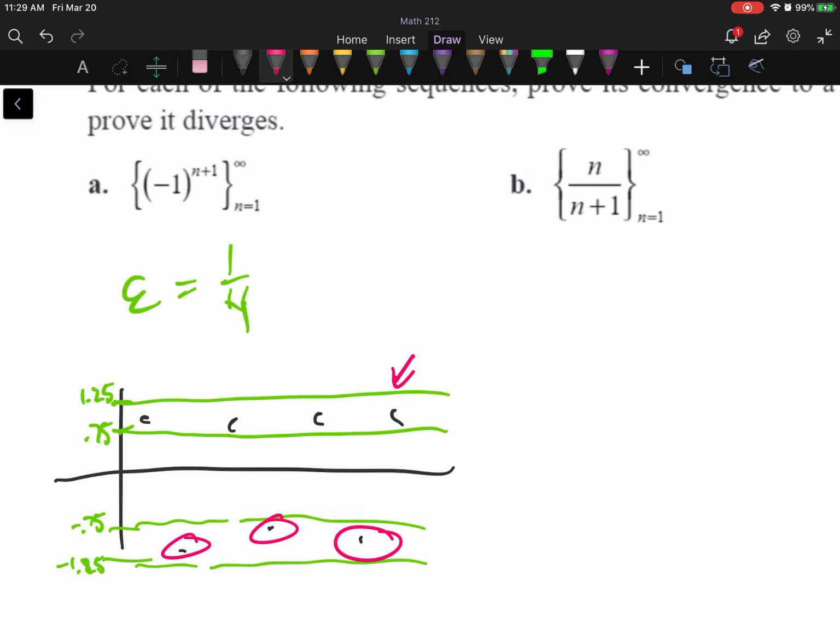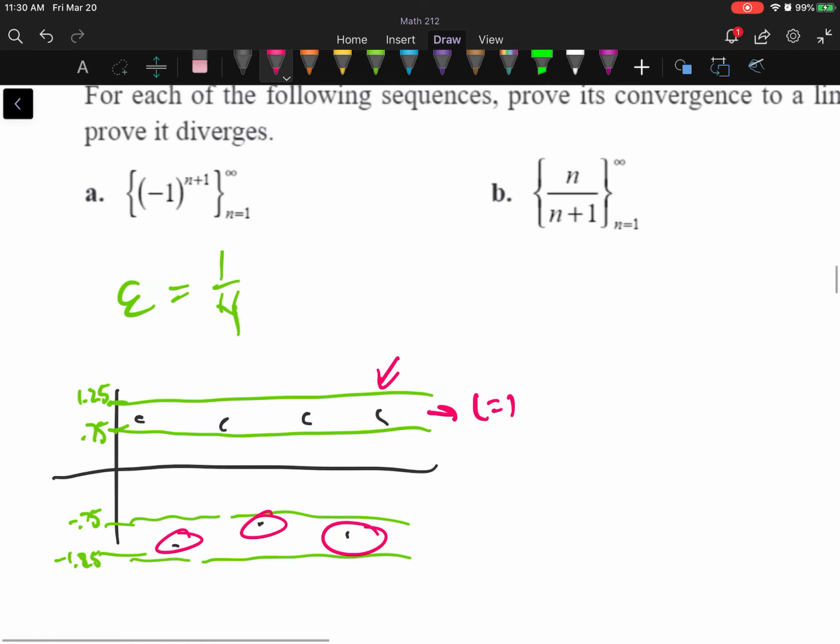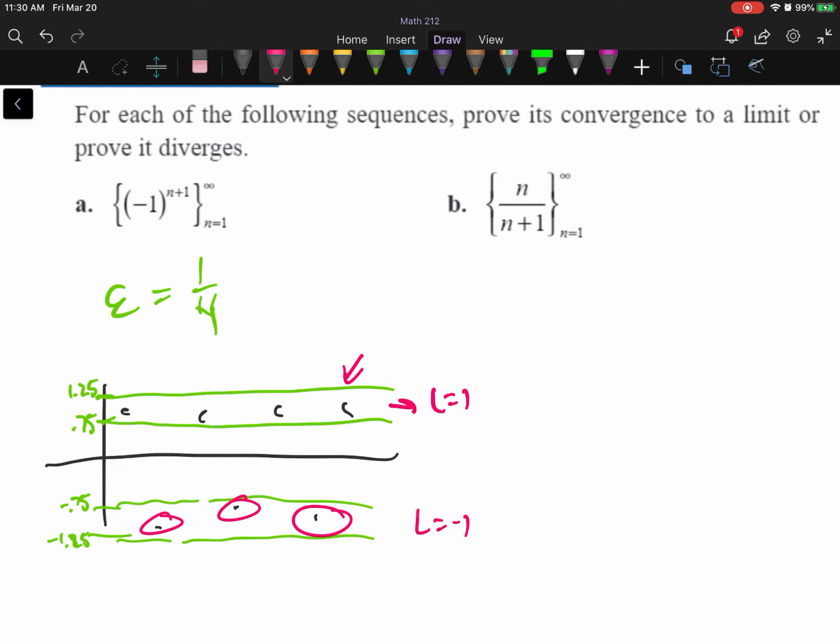If we wanted to change this so that it was made up of two different subsequences, then we could say that one of the subsequences has a limiting value at L equals 1, and the other has a limiting value at L equals -1. But as an entire sequence, this thing diverges because for epsilon equals 1/4, there's no way that we can capture all of the points in that sequence after some term big N.